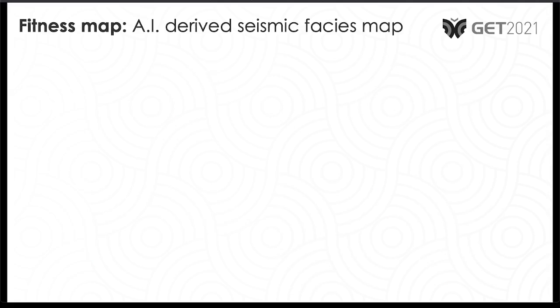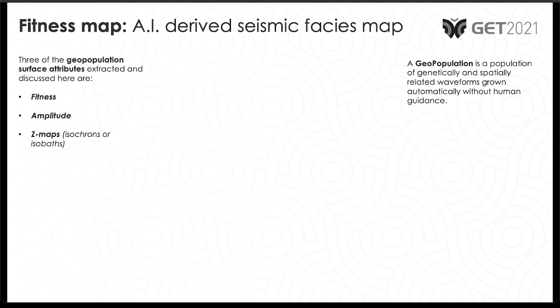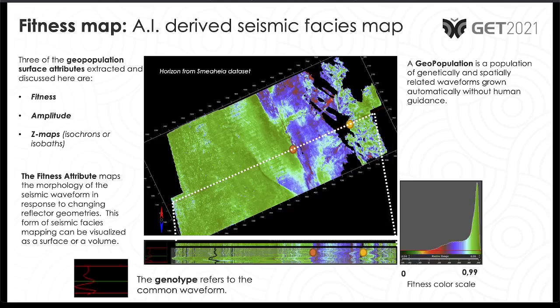So for each population, you can display three attributes: amplitude, Z-maps, isochrones for example, and fitness. And fitness is something unique to Seisnetics. The fitness maps the morphology of the seismic waveform in response to changing reflector geometries. So what you see in the picture, for instance, is a geopopulation extracted from another dataset.